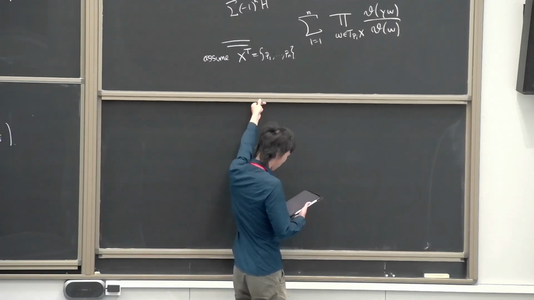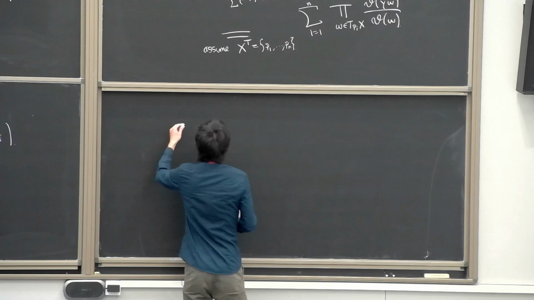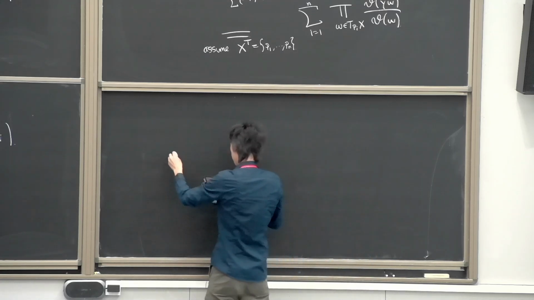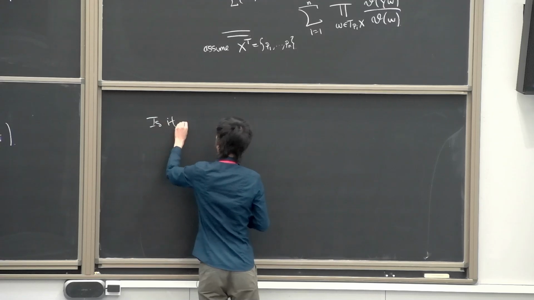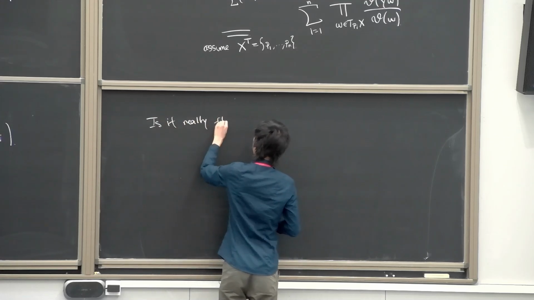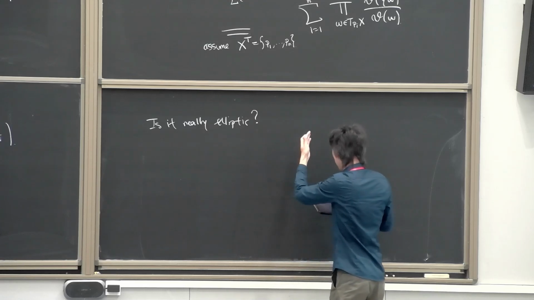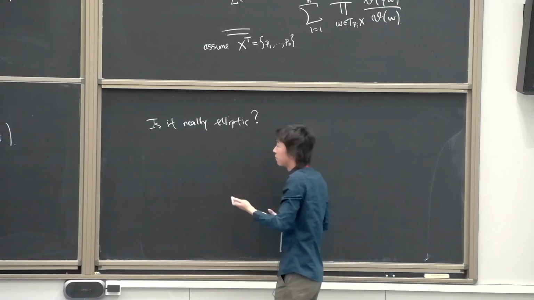Okay. Right. So I claimed earlier that this is supposed to be some elliptic quantity, but is it really elliptic? It should somehow satisfy some nice Q difference equations.